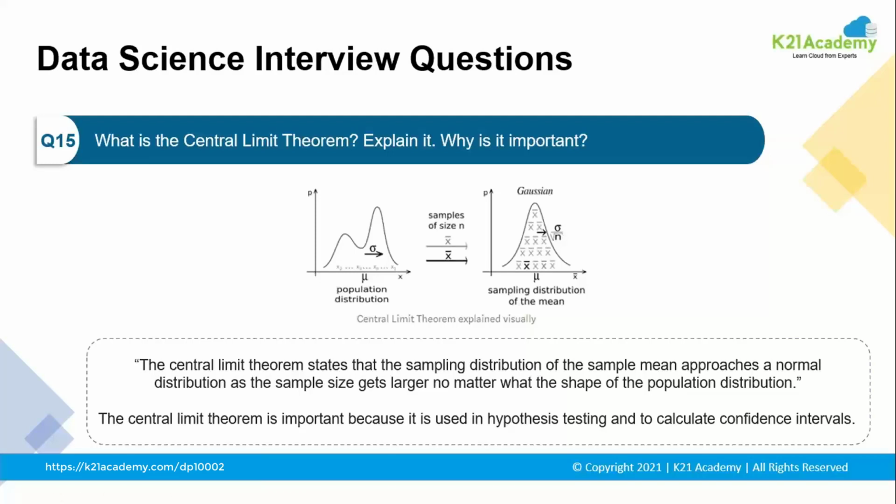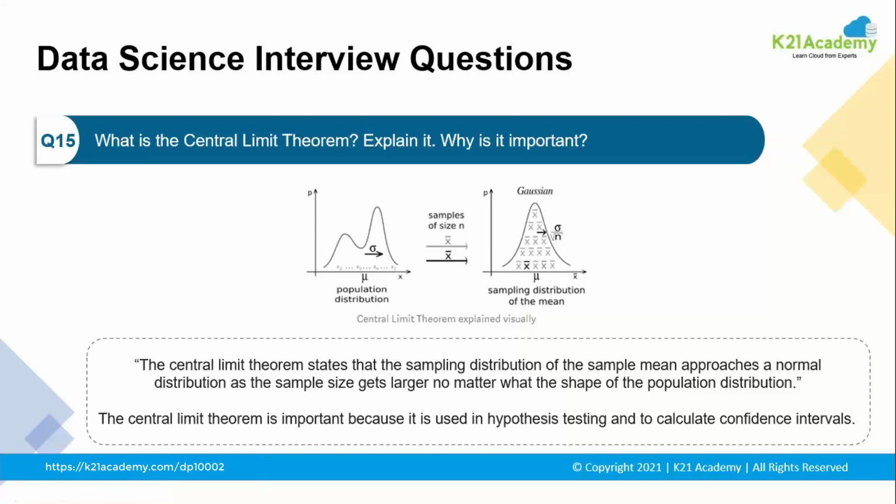As you can see here, we have a normal distribution. When you pass this through a function, you'll have a single global maximum, and this is how the curve would look, a Gaussian curve. The reason the central limit theorem is important is that we use it for hypothesis testing and to calculate confidence intervals.